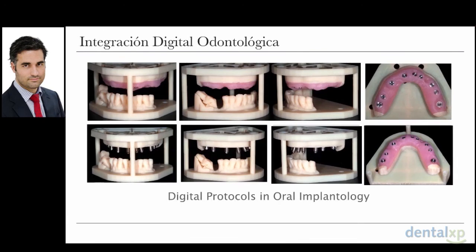As you can see, 9 implants. I have to be sincere, because when this work arrived to my office, I thought it was not going to work, because we were testing. We tested with 6 implants, 5 implants, but never 9 implants.